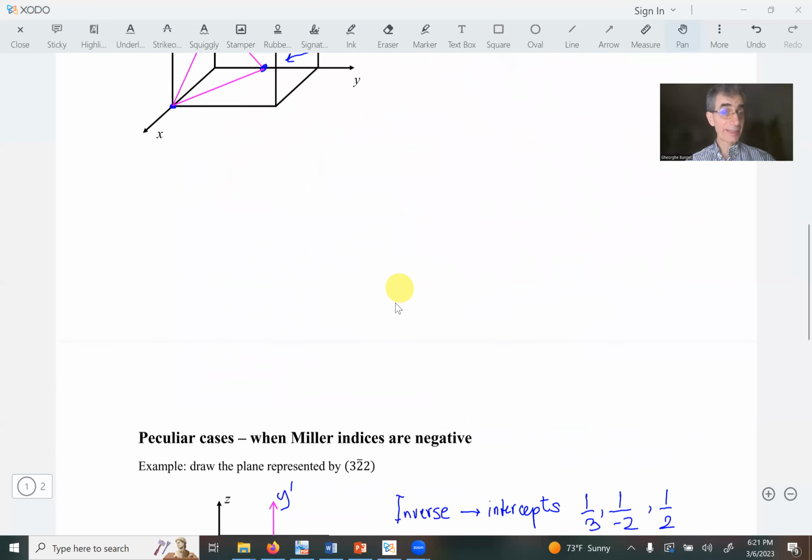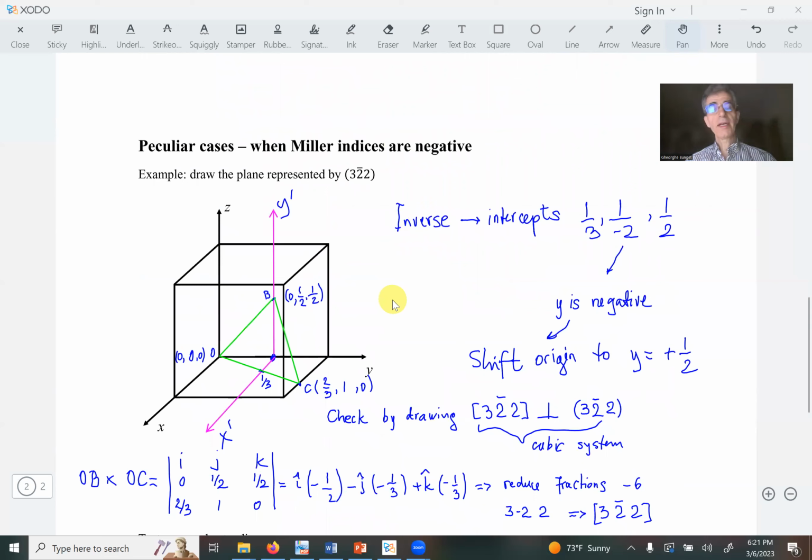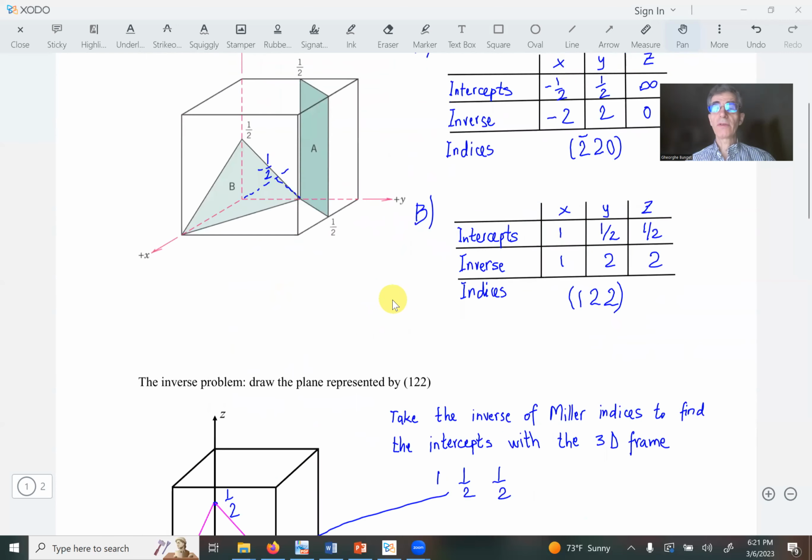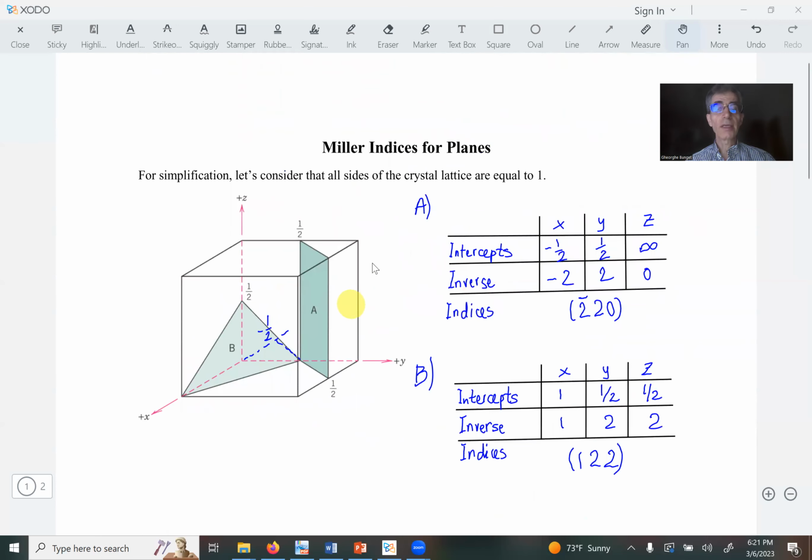Very simple in that case. But there are situations with a negative value.